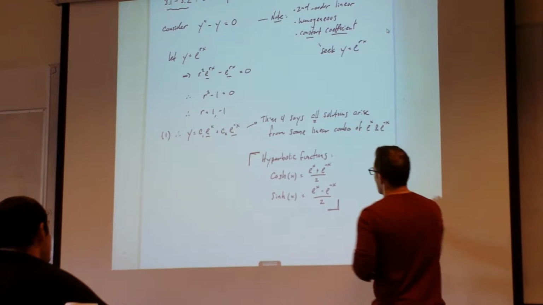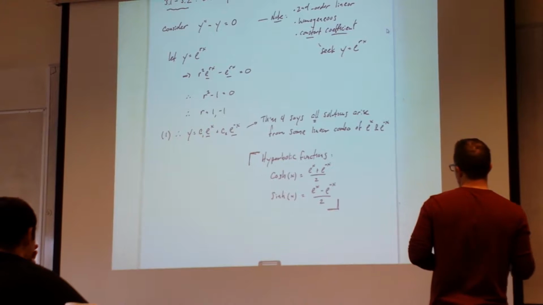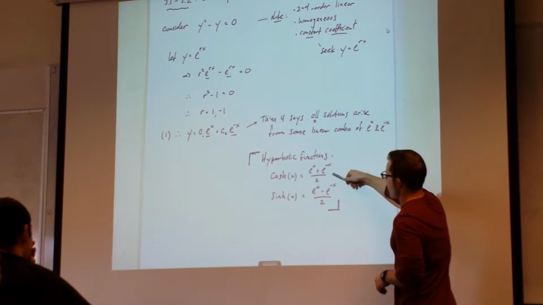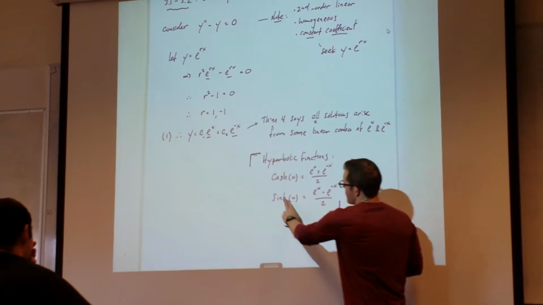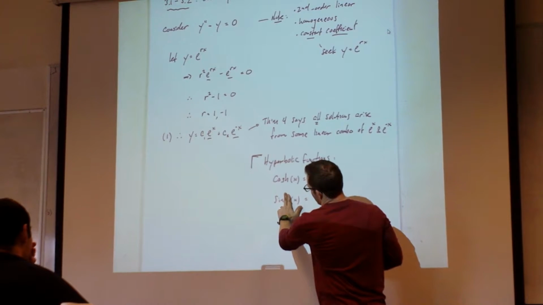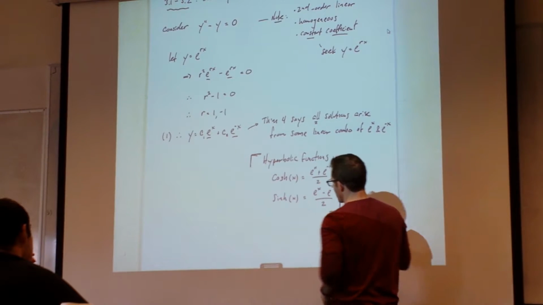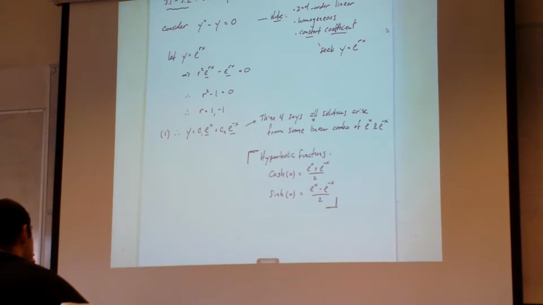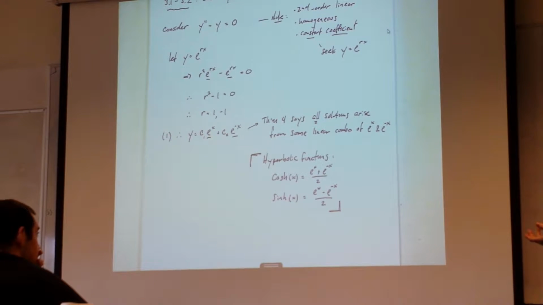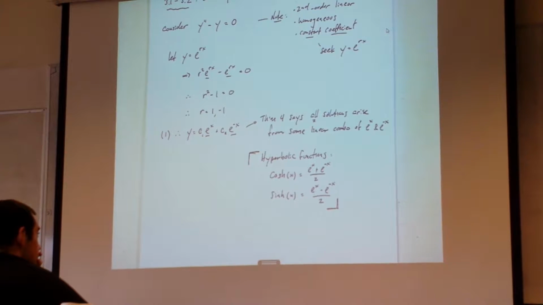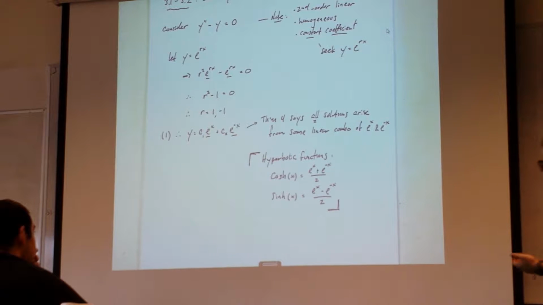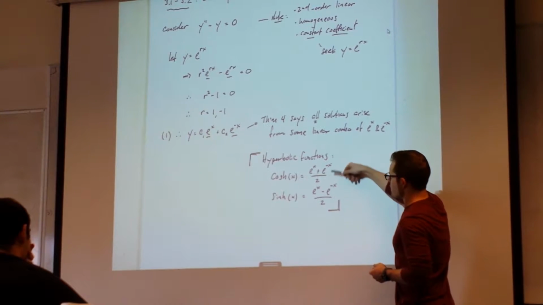So, for instance, the cosine function is an even function, so is hyperbolic cosine. Sine is an odd function, so is hyperbolic sine. And interestingly, the derivative of sine, not hyperbolic, is cosine, right? It turns out that the derivative of hyperbolic sine is hyperbolic cosine.